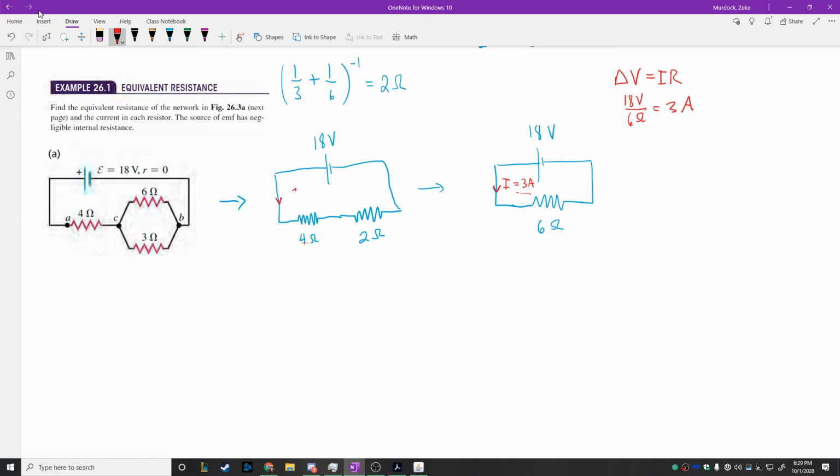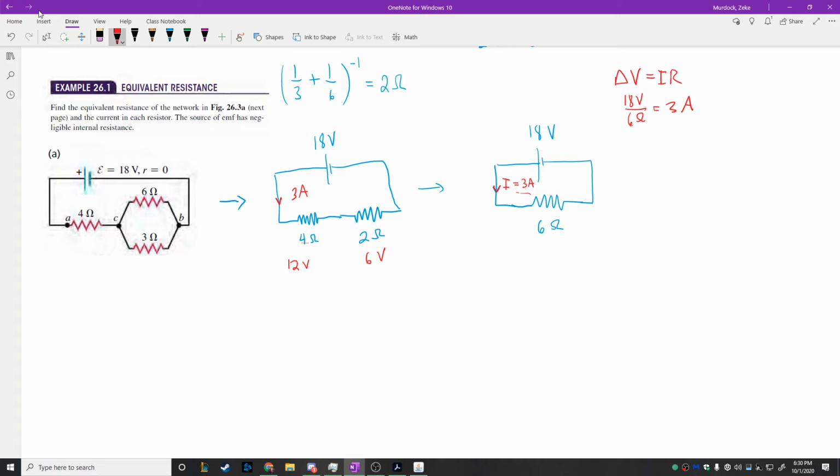So we're also going to have 3 amps of current flowing through here, which means for this resistor I could take 4 times 3, I times R. Current times resistance gives us 12 volts right here. 18 volts minus 12 volts gives us 6, but we can also find it the other way. 3 amps flowing through a 2 ohm resistor, 3 times 2 is 6 volts. Isn't this so much easier than doing these problems with the electric field calculations? These circuit problems are a lot more straightforward.